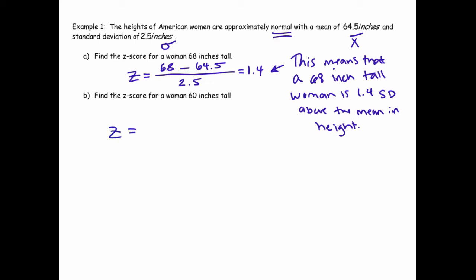A woman who's 60 inches tall, her z-score would be her height, 60 inches, minus 64.5, divided by 2.5. This time, notice we're going to get a negative, because 60 minus 64.5 gives you a negative number, and here you get negative 1.8.